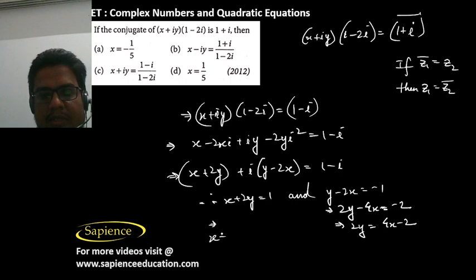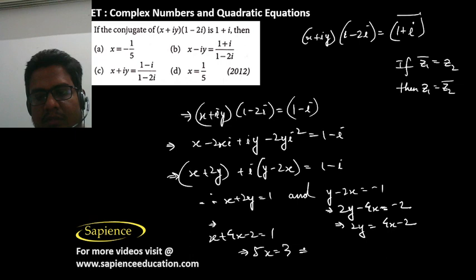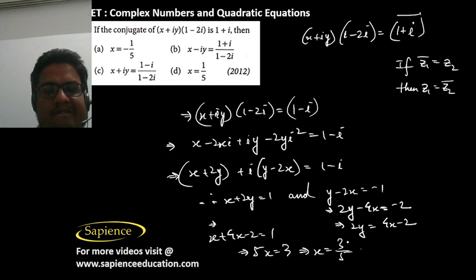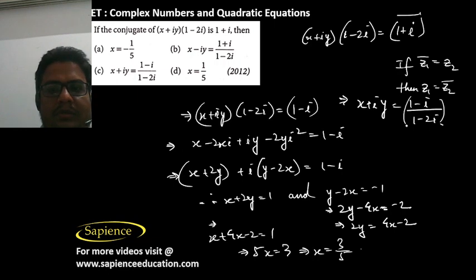So we can write x plus 4x minus 2 is equal to 1. So 5x is equal to 3, so x equals 3 by 5. So from here we can say x plus iy will be equal to 1 minus I by 1 minus 2i. So it means that option C is the correct answer.